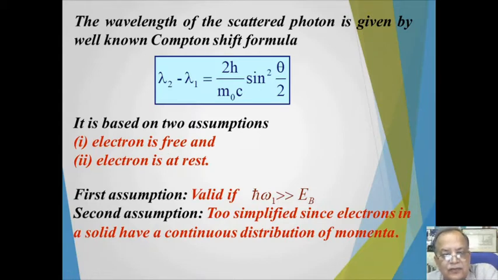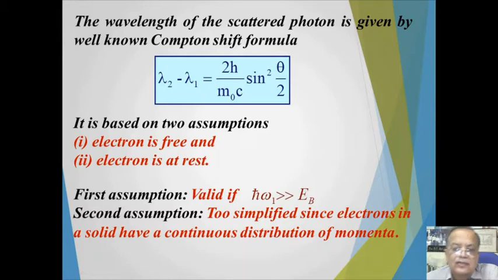Now fortunately or unfortunately, you cannot have this ideal situation where the electron is free and at rest. The electron cannot be assumed free because it is always bound in atoms or molecules. And the electron cannot be at rest, right?